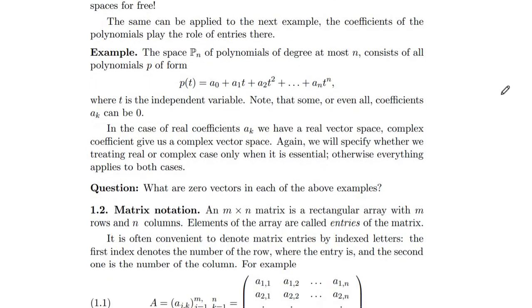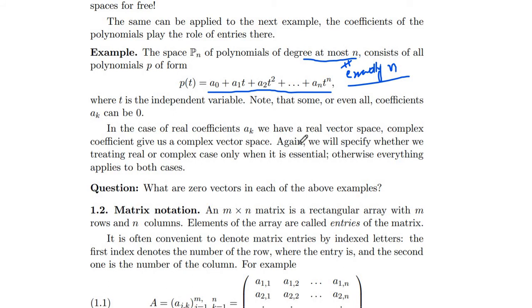Similarly, polynomials. If you look at this polynomial, it has degree at most n, not exactly n. Why is it so? We'll understand it pretty soon; it's there in the exercise, and we're going to discuss it properly there.